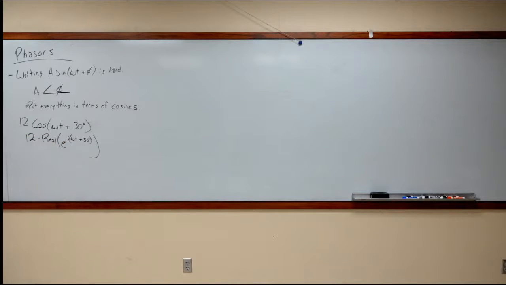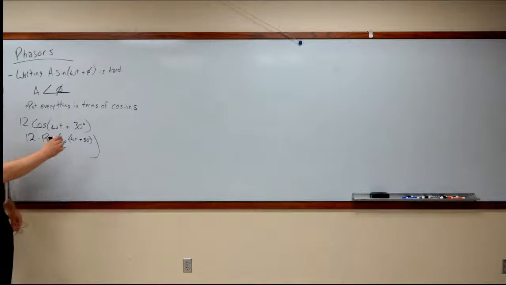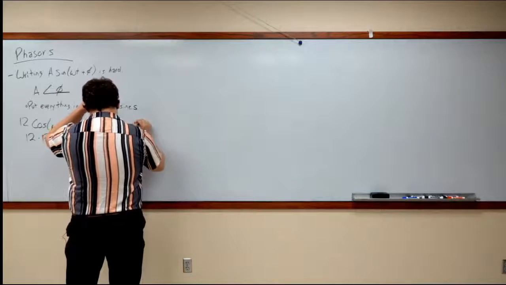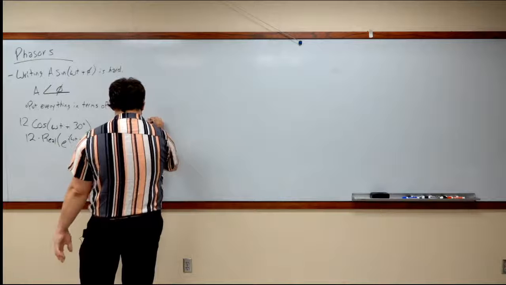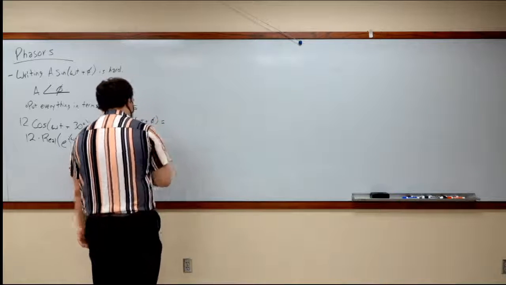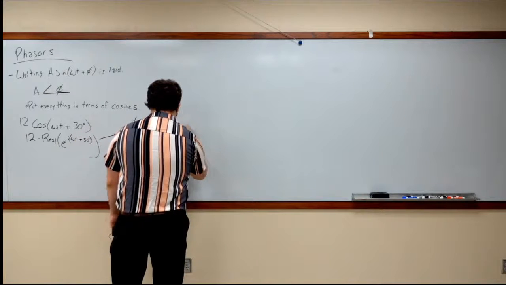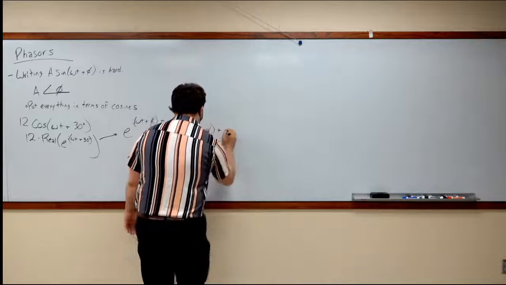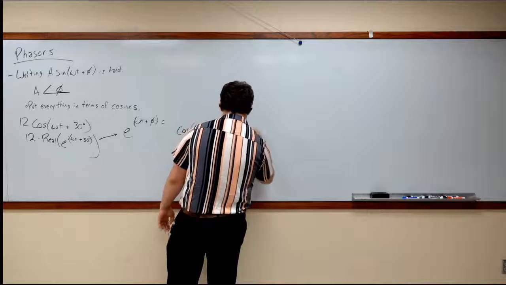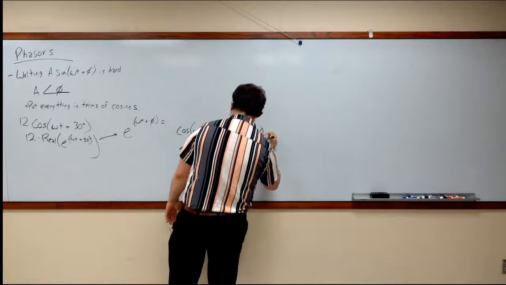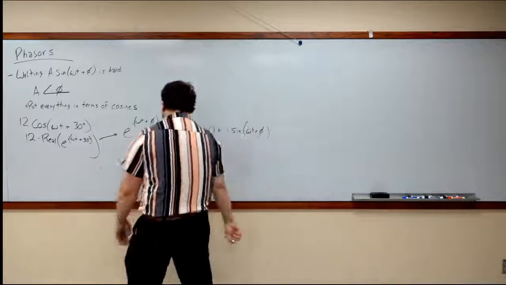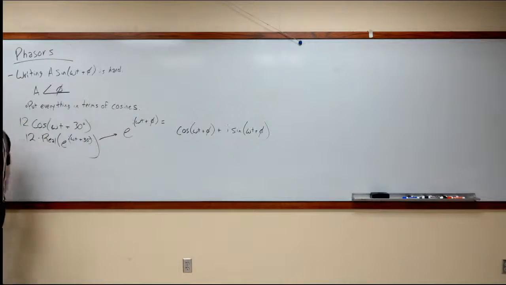This is just using Euler's expansion, where e to the i omega t plus phi is equal to cosine omega t plus phi plus i sine omega t plus phi. It's just Euler's identity there.